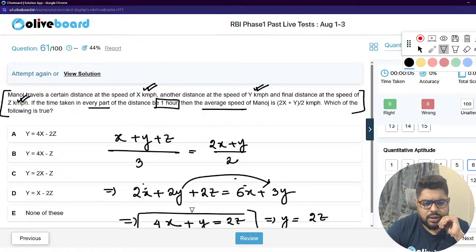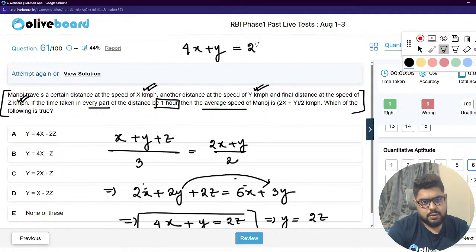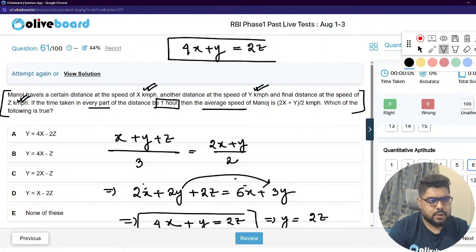Something is wrong, no? Two x plus y by 2, 3 2s are 6, 3y. 2x. We got to this equation. Any options? y is alone.